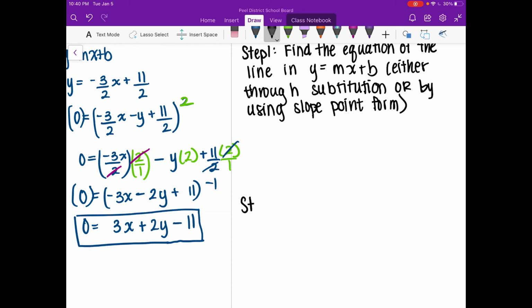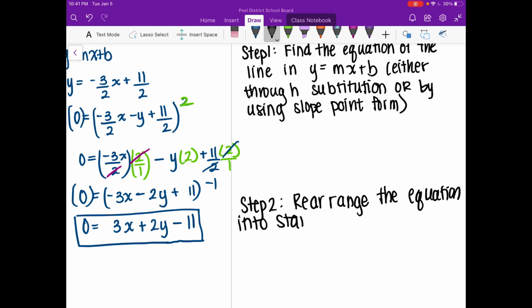Then step 2, rearrange the formula, or rearrange the equation into standard form using the steps from before.